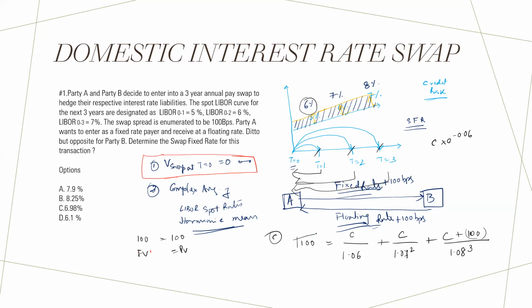Remember, this was also our very basic assumption, wherein we say that party A and party B, if they're entering into a domestic interest rate swap transaction, will notionally exchange the principal. So that means 100 principal is being exchanged for 100 principal, right? So this must hold true, right? Can anybody solve this and find me the value of C?